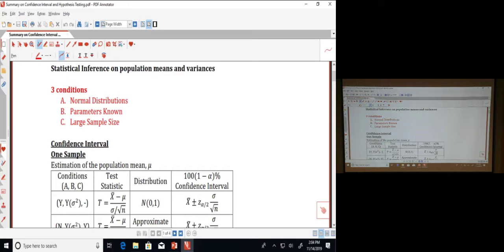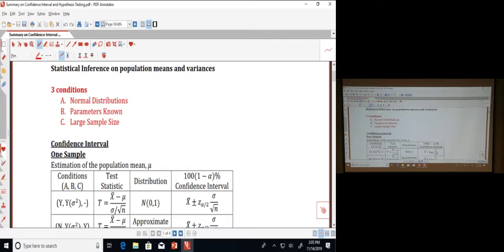There are 3 criteria. I keep telling you that, so now I just write it down. First, normal distribution or not. Second, whether the parameters are known or not. Remember, we're talking about normal distributions. The third one is whether you have a big sample size or not.